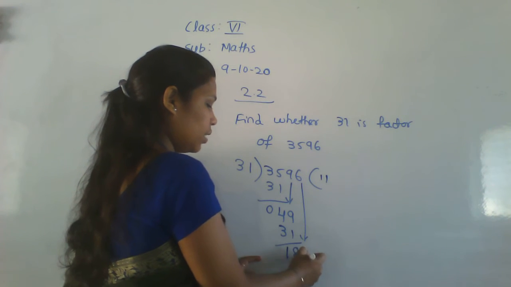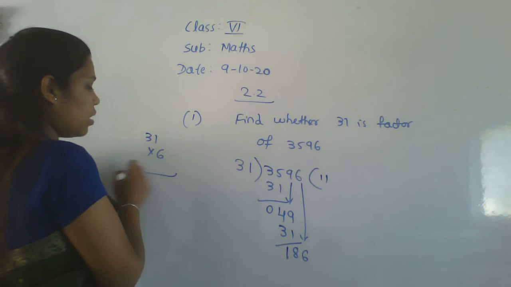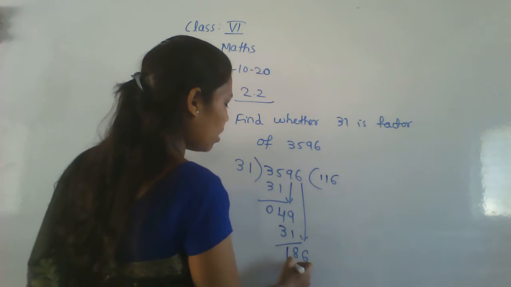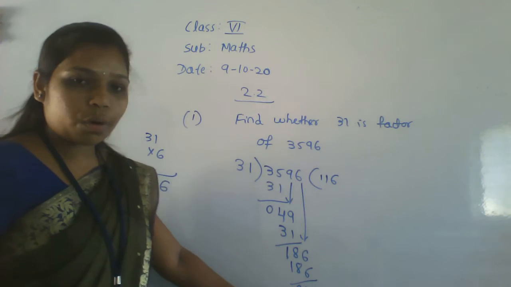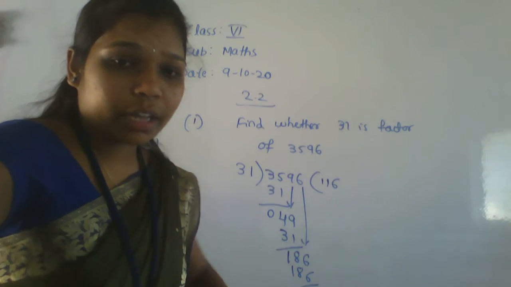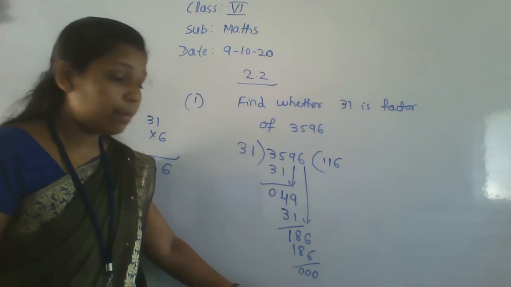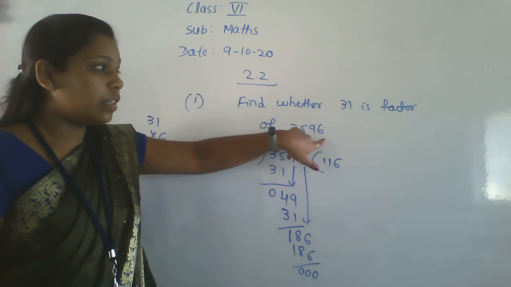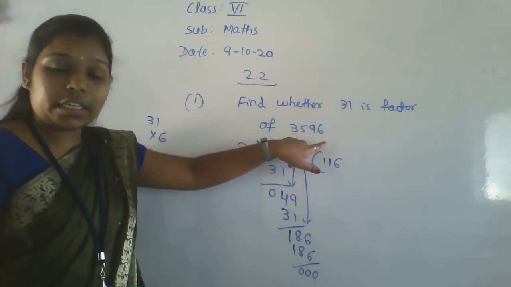Take here 6. 31 sixes are 186. So what remainder did you get here? The remainder is 0. Observe properly. Remainder 0 means what? This 31 is a factor of 3596.